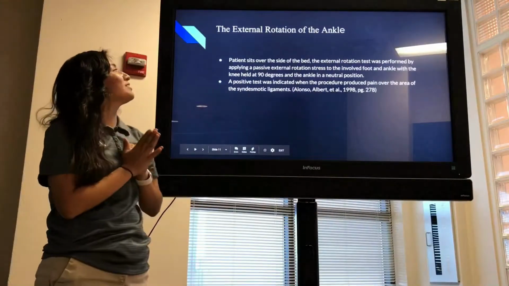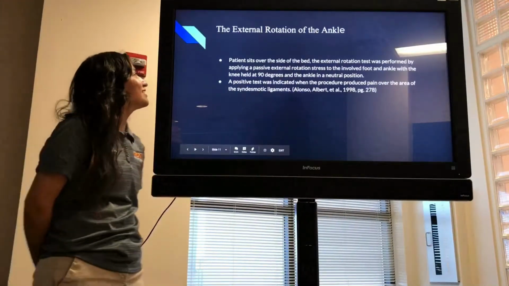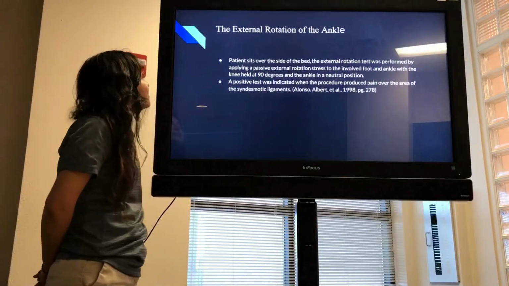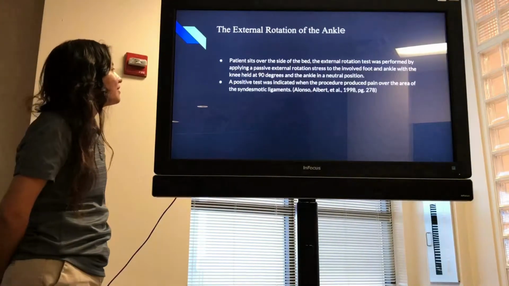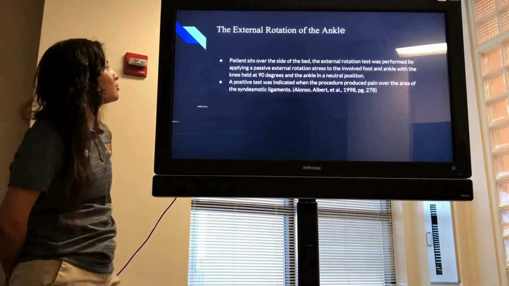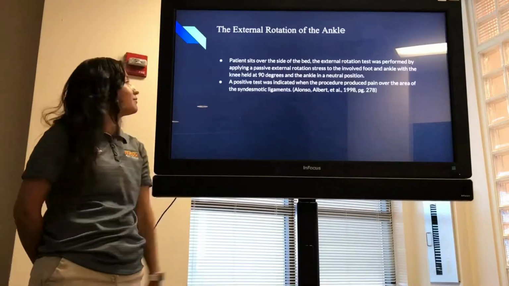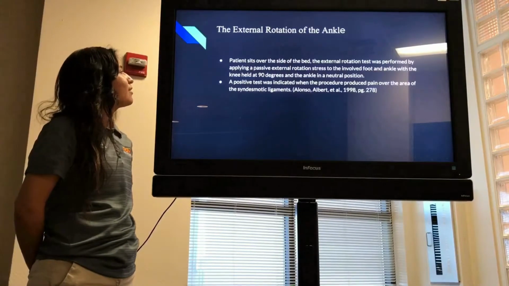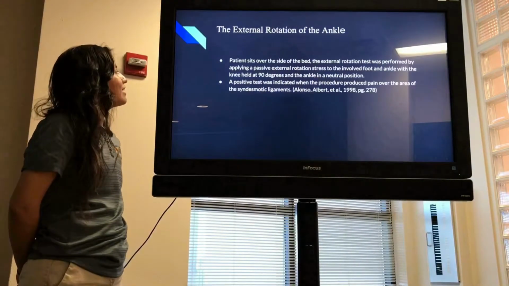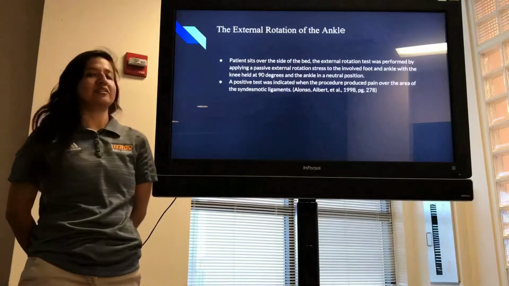The next test we're going to be doing is the external rotation of the ankle. The patient will sit on the bed, and the external rotation test is performed by applying a passive external rotation stress to the involved foot and ankle with the knee held at 90 degrees and the ankle in a neutral position.